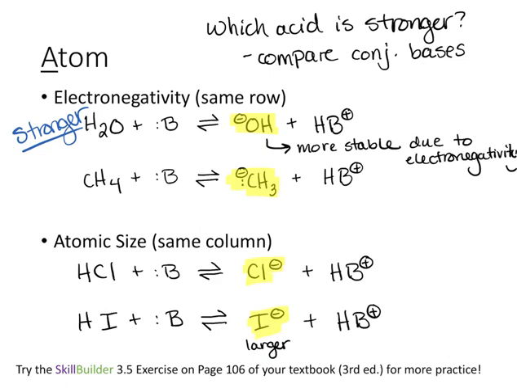Larger atoms can take on negative charge more easily. They do have more electron energy levels, so they can accommodate electrons better. So the iodide ion, because it's larger, is more stable.